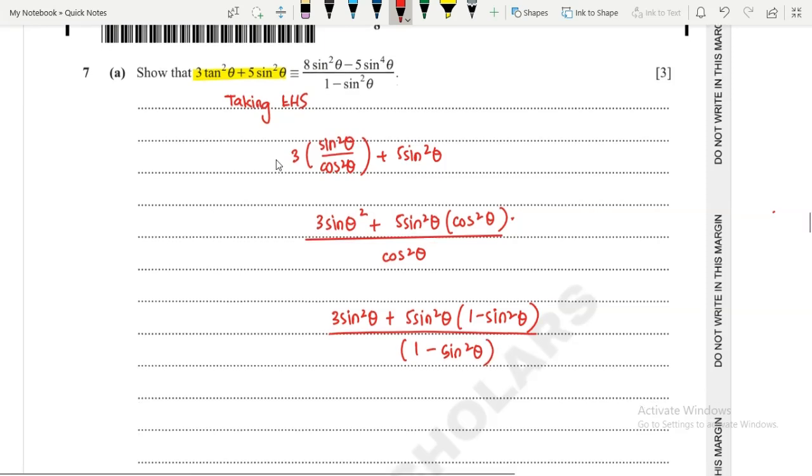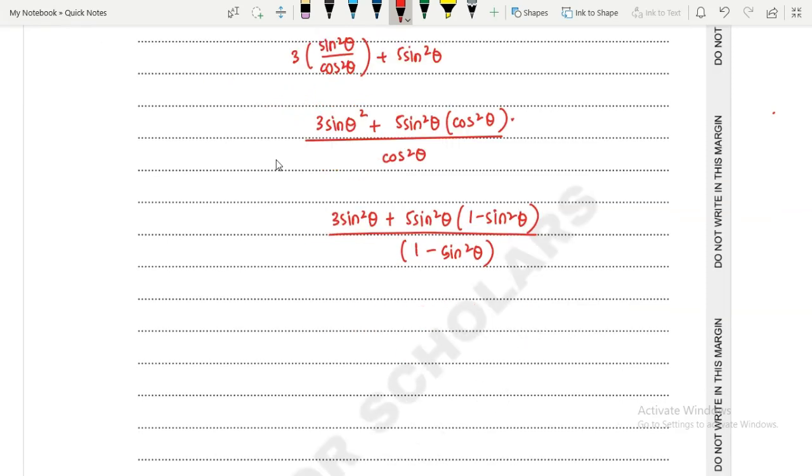So this becomes 3 sine square theta plus 5 sine square theta minus 5 sine quad theta, and this we divide by 1 minus sine square of theta.